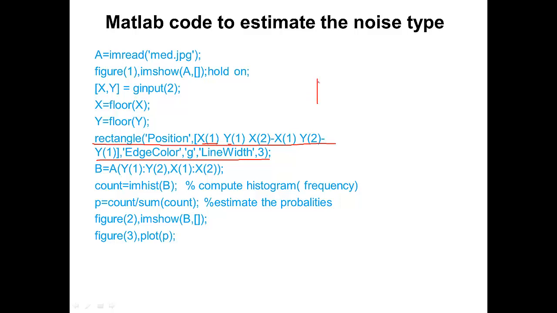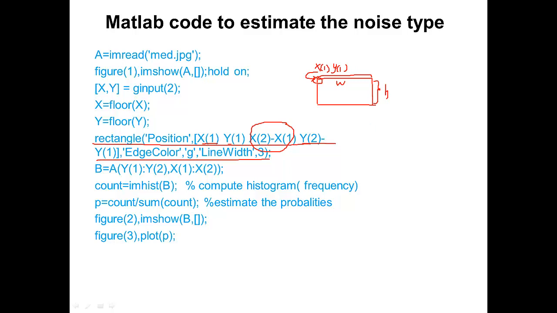For example, the start point is here, so it's x1 and y1. That's the start point of the rectangle. Then you put the width, which is from here to here. Then you put the height of the rectangle, which will be y2 minus y1. So this is the height.